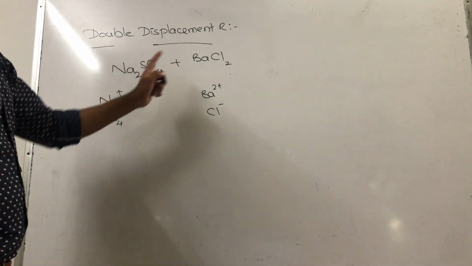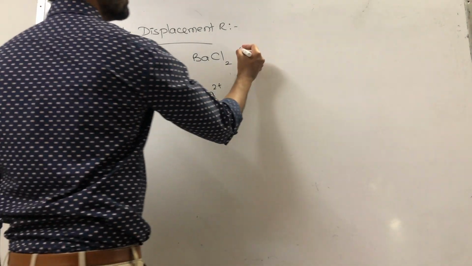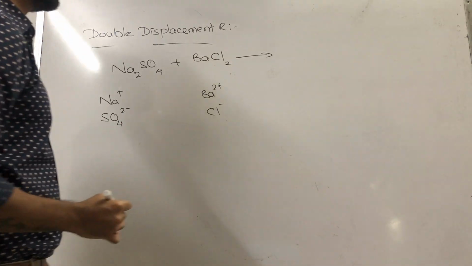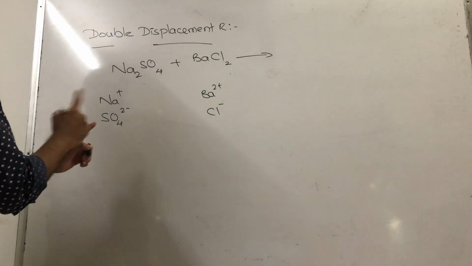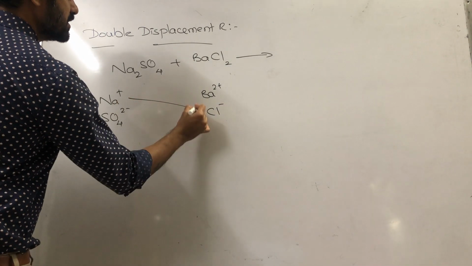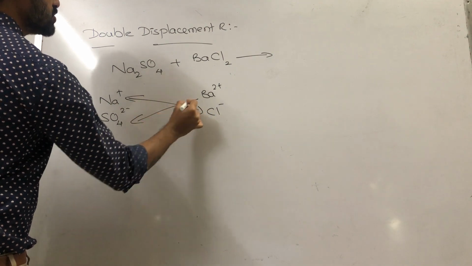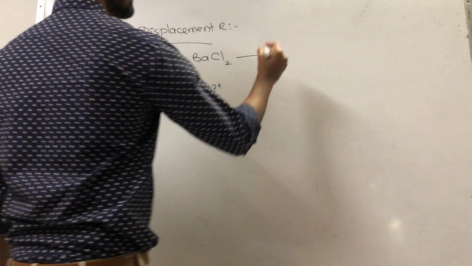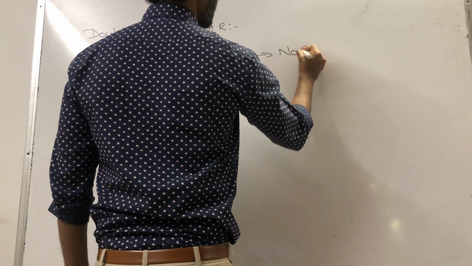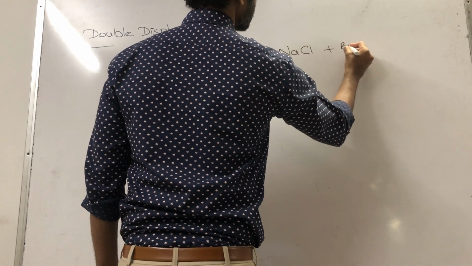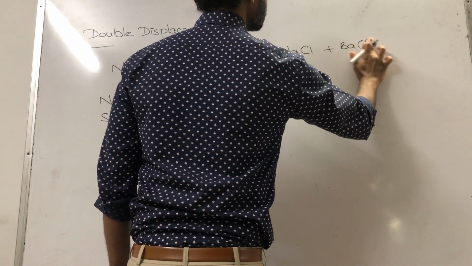So when you mix the content of both the test tube, sodium sulfate and barium chloride react with each other and there is an exchange of ion. These two ions combine and these two ions combine. So you get NaCl and barium sulfate.